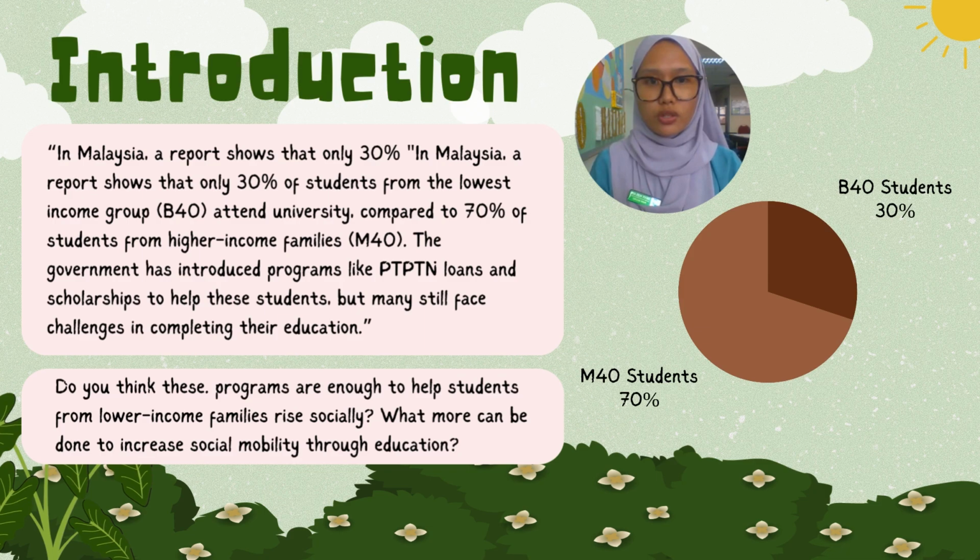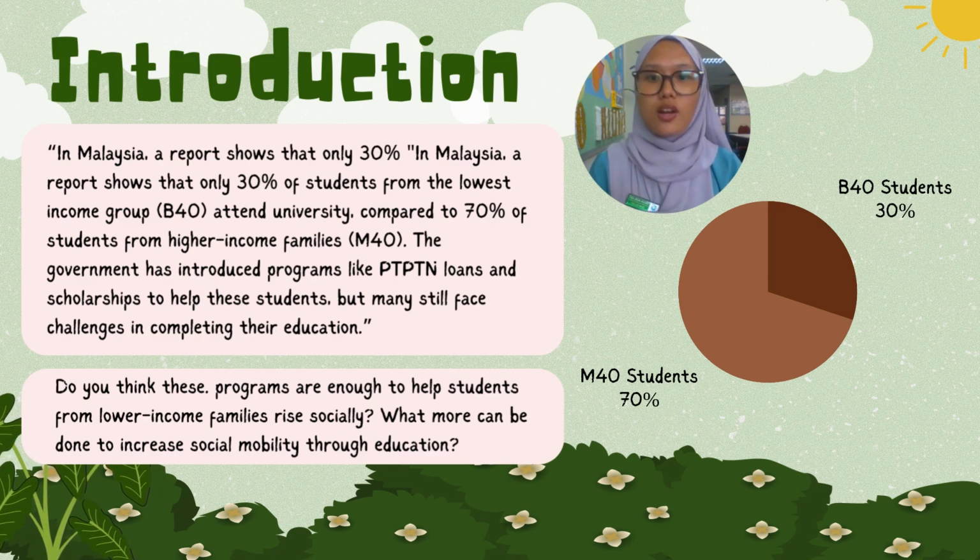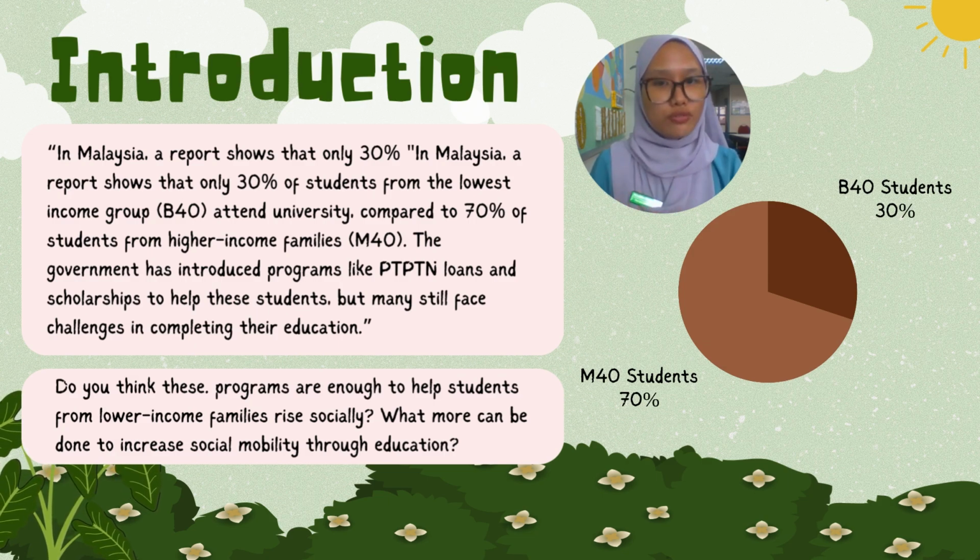Before we move to talk about the content of this presentation, I'm going to talk about the introduction, which is a statement from the task given. In Malaysia, a report shows that only 30% of students from the lowest income group B40 attend university, compared to 17% of students from higher income families M40.